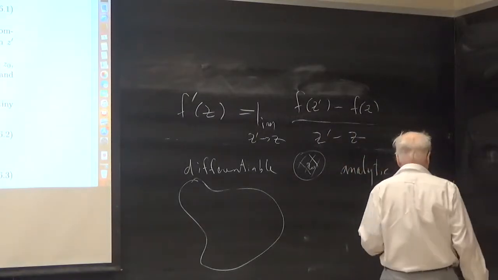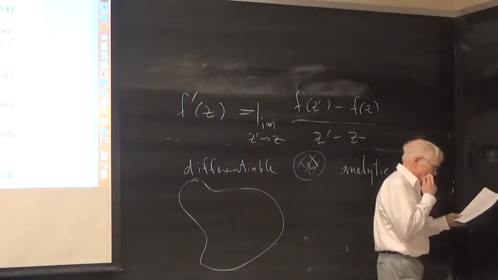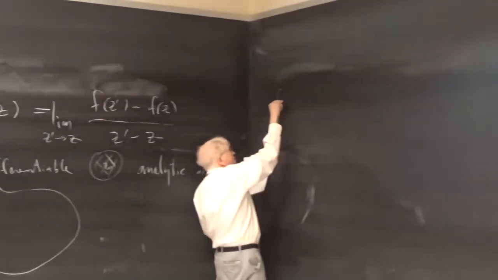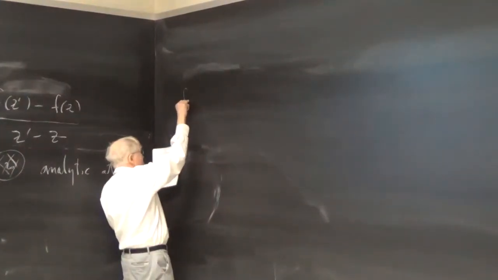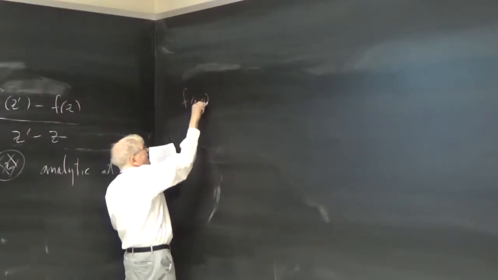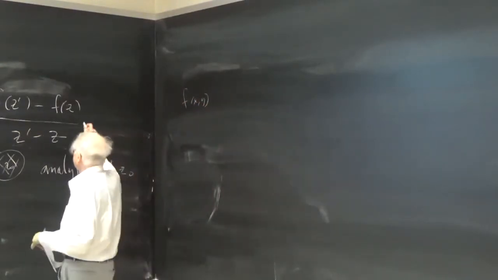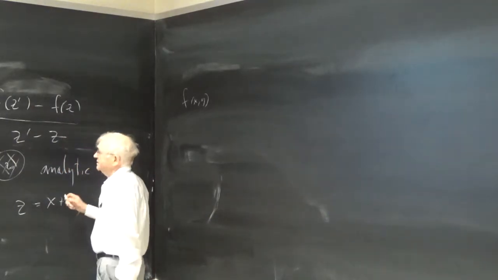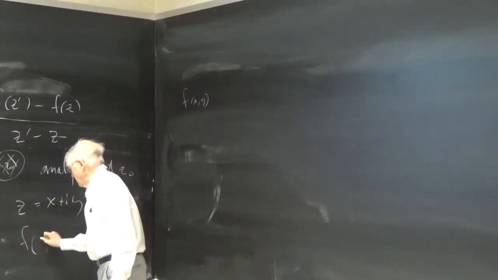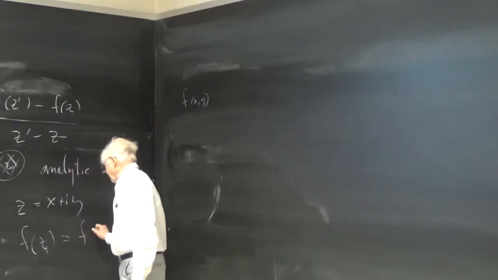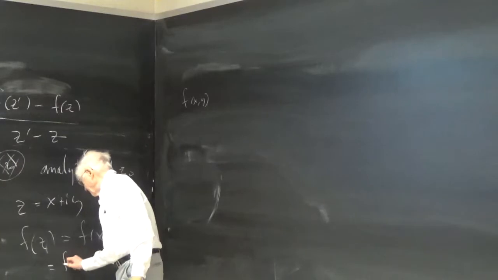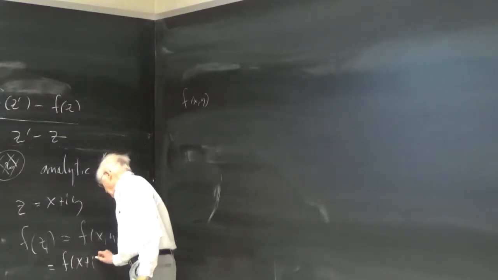Anyway, let's look at the Cauchy-Riemann conditions. Here we imagine that we have a function f, and of course z is x plus iy, so we can think of f of z as an f of x and y, or we can think of it as f of x plus iy.